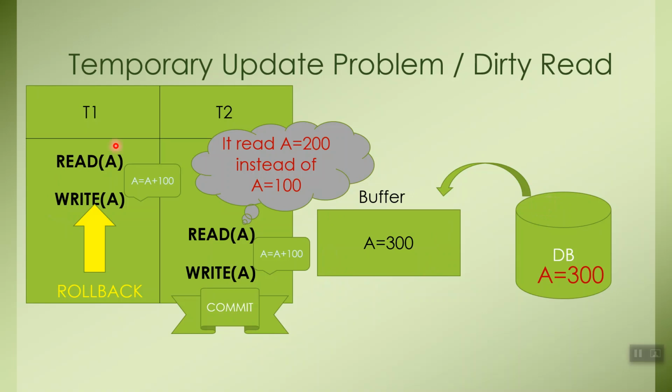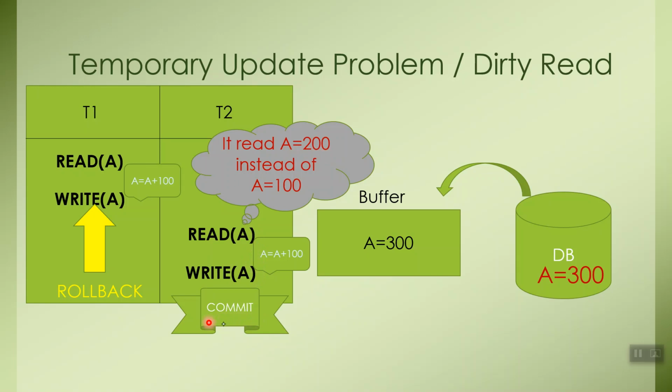So whatever values are produced by this transaction T1 are temporary. They are not permanent yet. And later on, as it failed, all the values were rolled back, so all these temporary values were deleted. But the one problem that happened here is T2 read that temporary value and performed all its operations and also executed the commit statement.